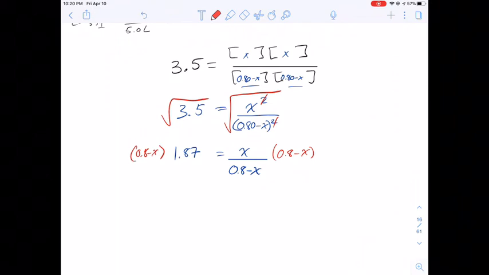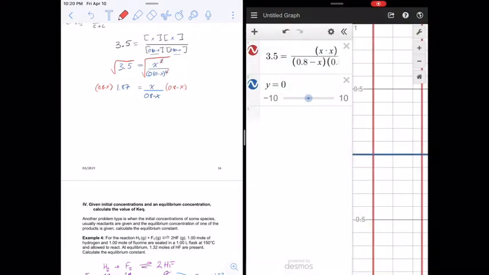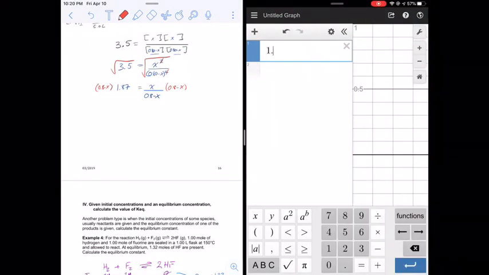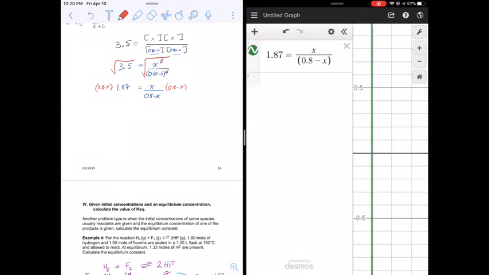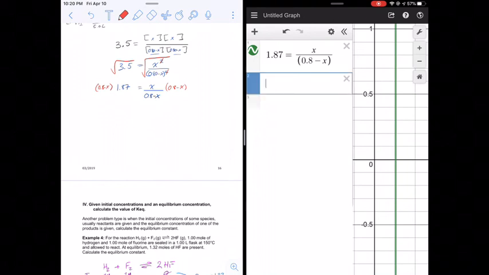Or at this point, I've had a little bit of frustration with Desmos today, but let's see if we can get this to work. So if you had 1.87 and you said it was equal to x divided by 0.8 minus x, then you get a single answer, and that answer is not going to be happy.